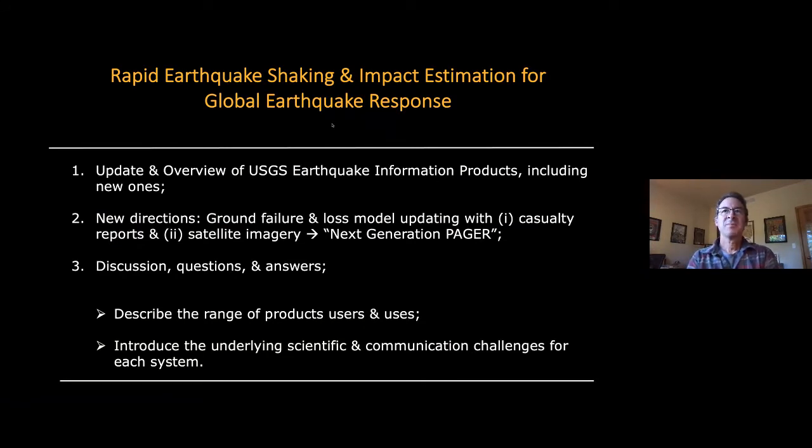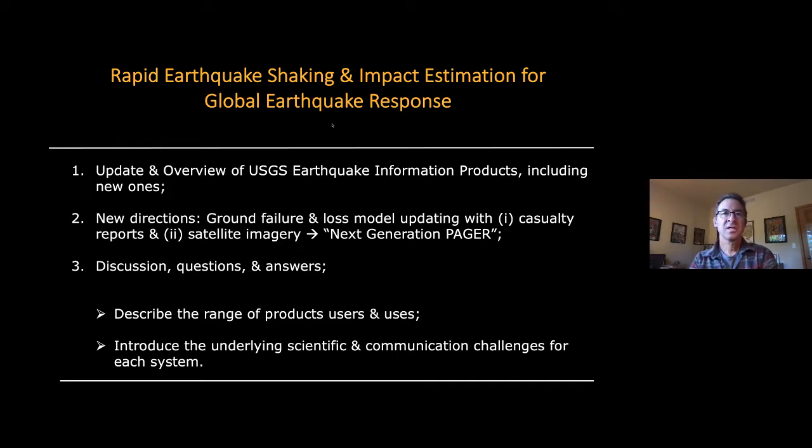Rapid earthquake shaking impact estimation for global earthquake response is the primary role of my team, and today I'll give you an update and an overview of USGS earthquake information products, including some new ones that we're developing on ground failure and other avenues.